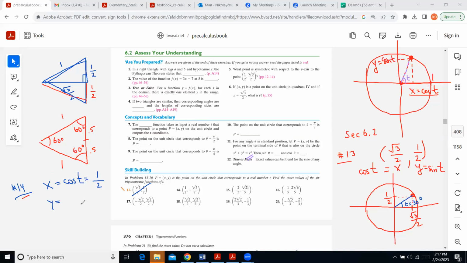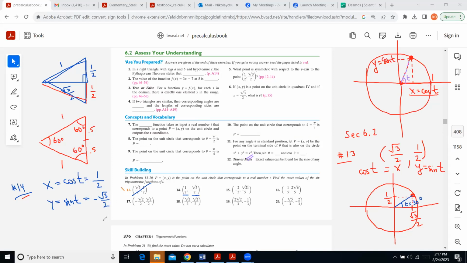It's kind of odd. So sine of t is going to be a y-coordinate of that point. So the y-coordinate is negative square root 3/2. Okay, negative square root 3/2 is a sine.